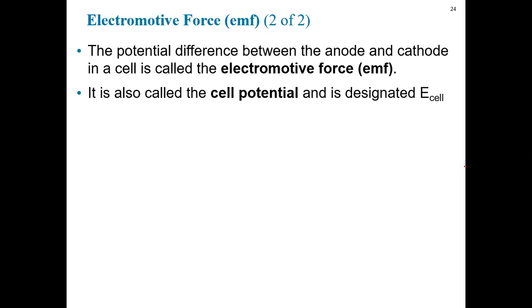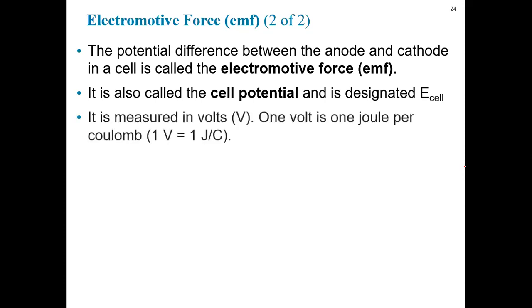Once we know the electromotive forces for the anode and cathode, we can use a simple formula to calculate the cell potential. We measure the cell potential, or the EMF, in volts. The definition is that 1 volt is 1 J over 1 C, where C is for coulomb.